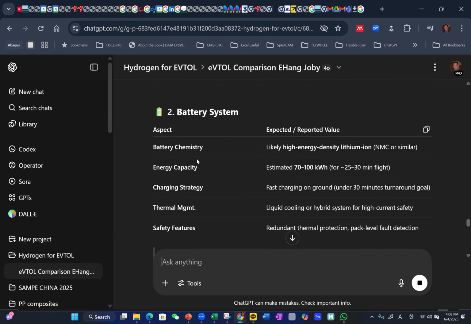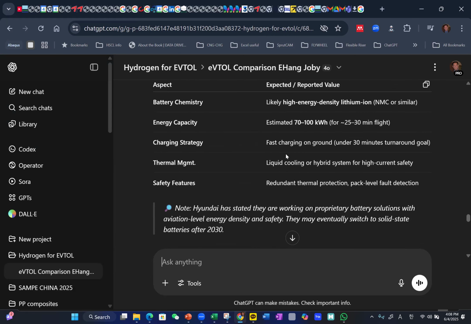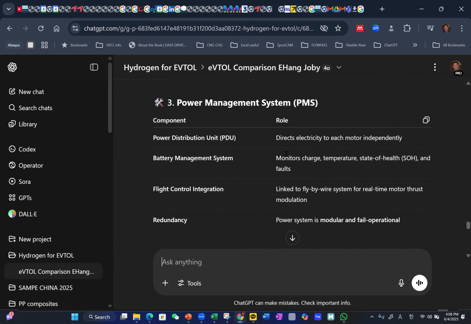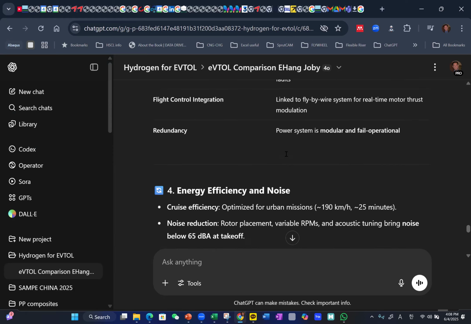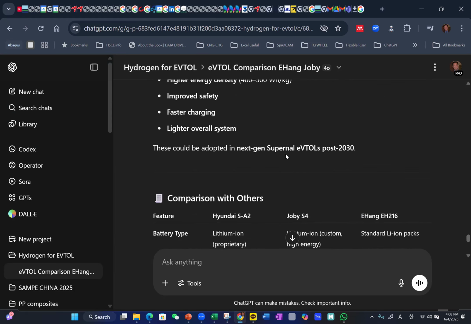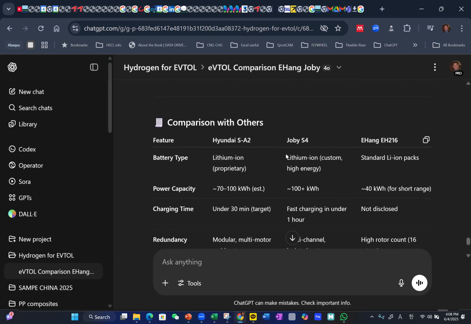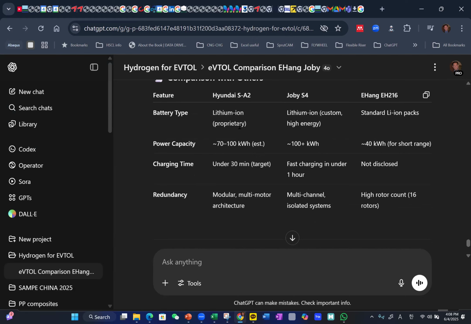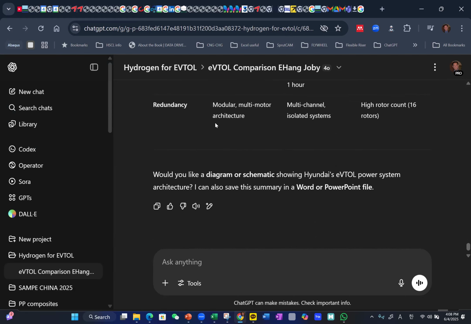While they are using a battery system, they also have another activity using hydrogen. Well, it simply says the lithium-ion proprietary battery type.